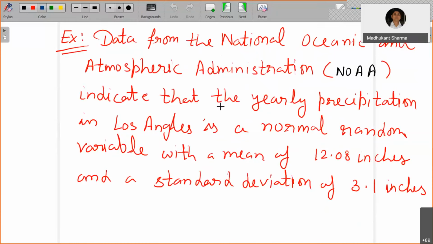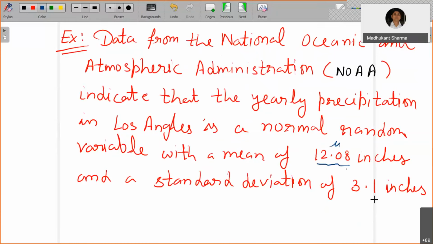So the yearly precipitation in Los Angeles follows the normal distribution. This will be your mean, mu, and this is your standard deviation, sigma. So it follows the normal distribution with mean mu and standard deviation sigma is 3.1. So sigma square is 3.1 whole square.